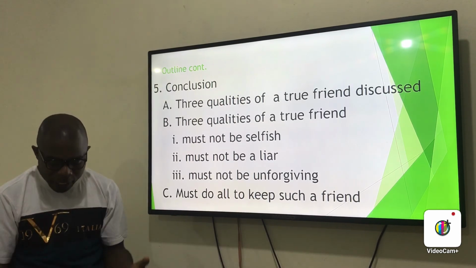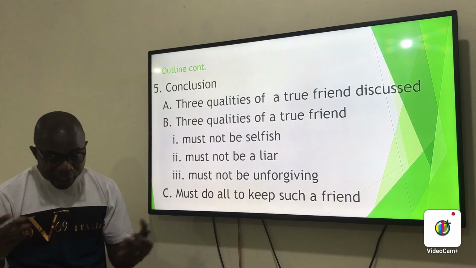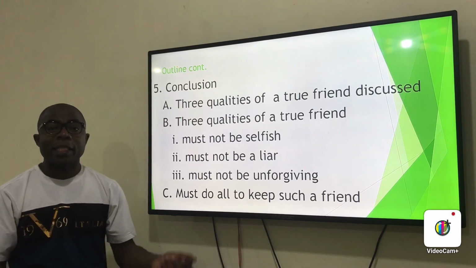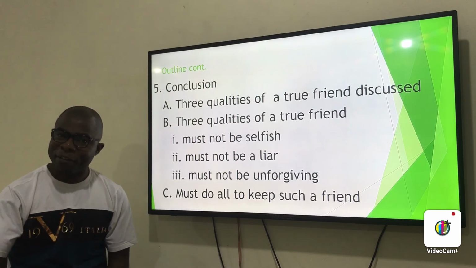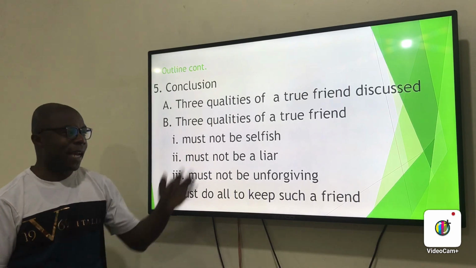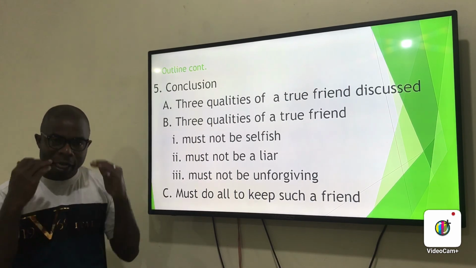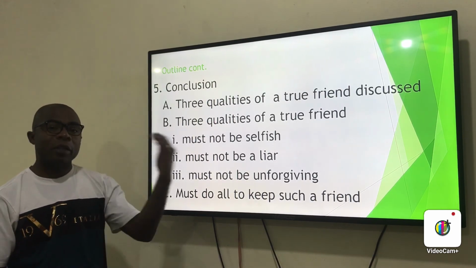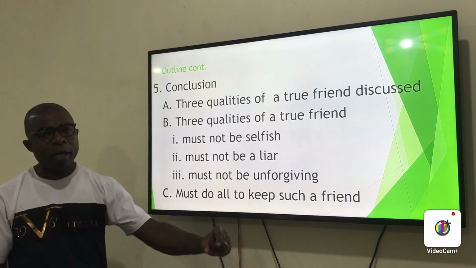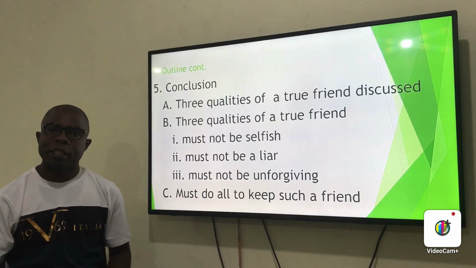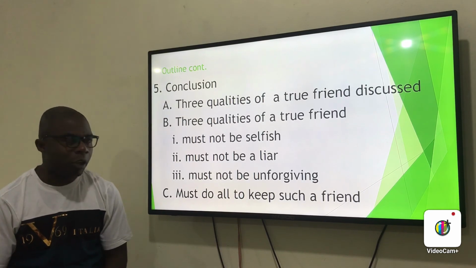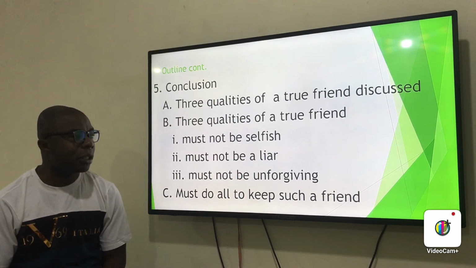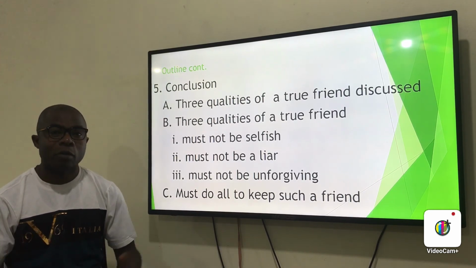So that they look down for a few seconds, and they raise their head and they're able to speak. It is the same way that if you have an outline like this and you are writing a composition, you go back to the first point, once you take a point, you just write. You expand the point and you'll be able to give a successful speech or write a successful composition.